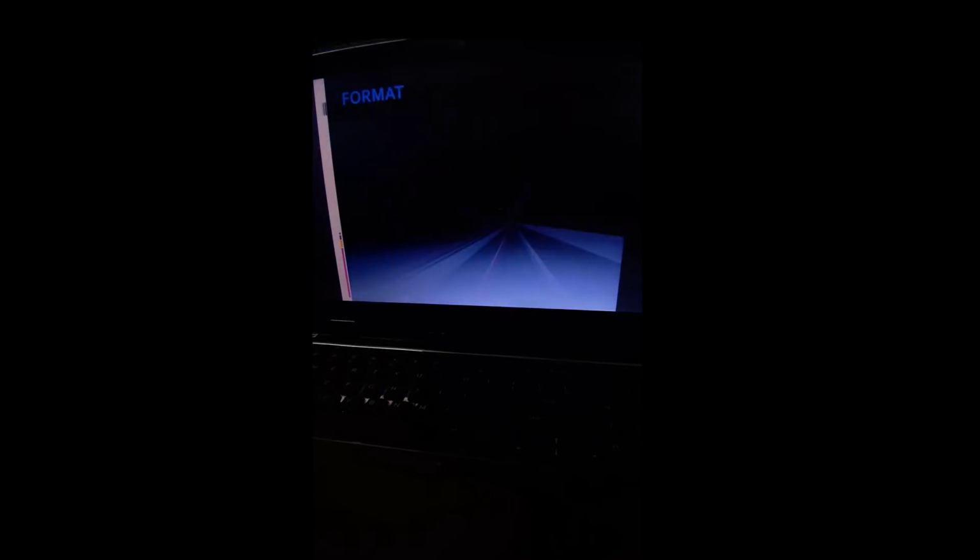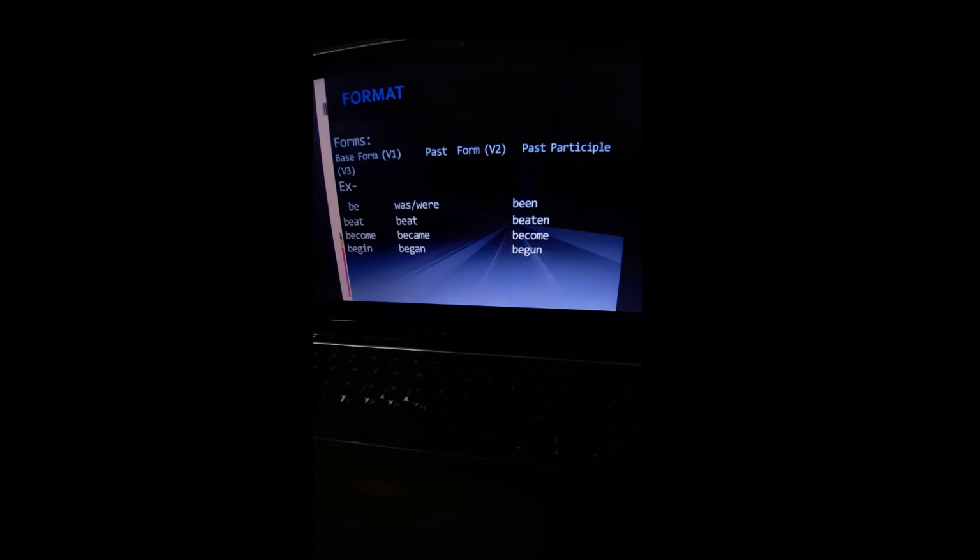Before I move on to the structures, I want you to recall the formats which I discussed in class, and I also gave a detail sheet over it, right? So it's a short part of your detail sheet, so you can recall it. The forms are the base form, the past form, and the past participle form.